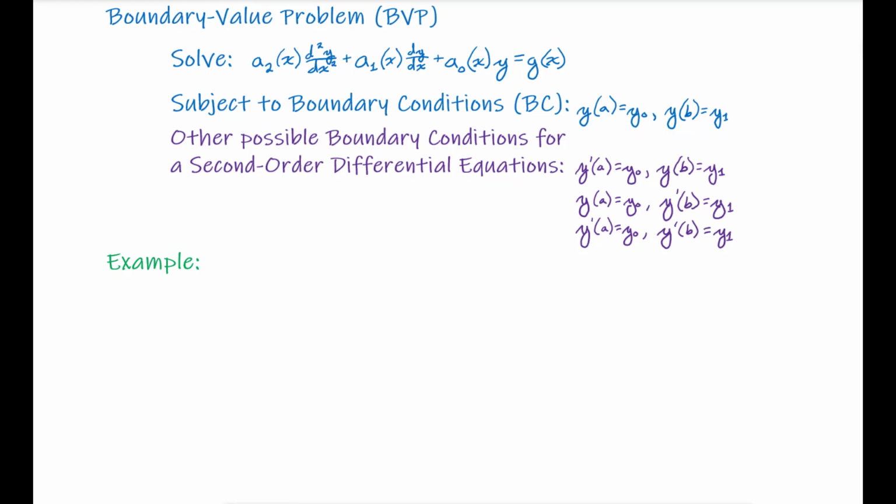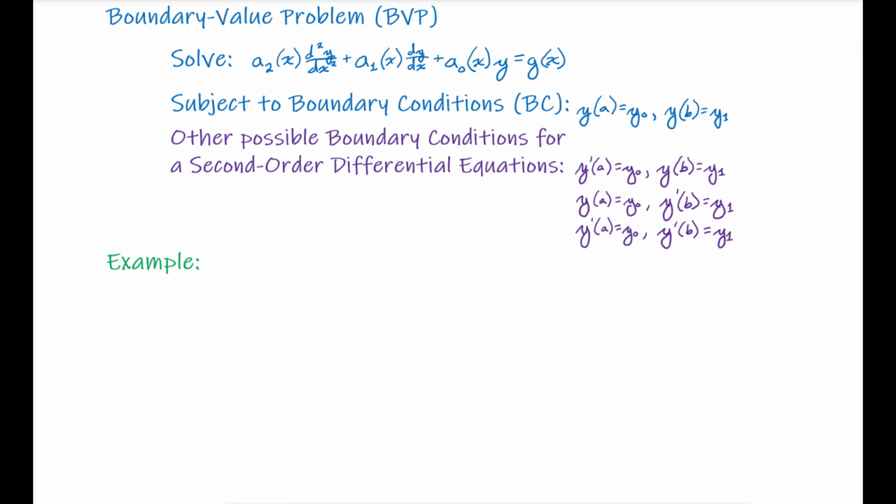And again, that would give us a family of solutions to this second order differential equation. It would give us the general solution, and in order to make it a boundary value problem, it needs to be subject to boundary conditions, or BCs. And since it's a second order differential equation, we'll need two boundary conditions to find a particular solution.